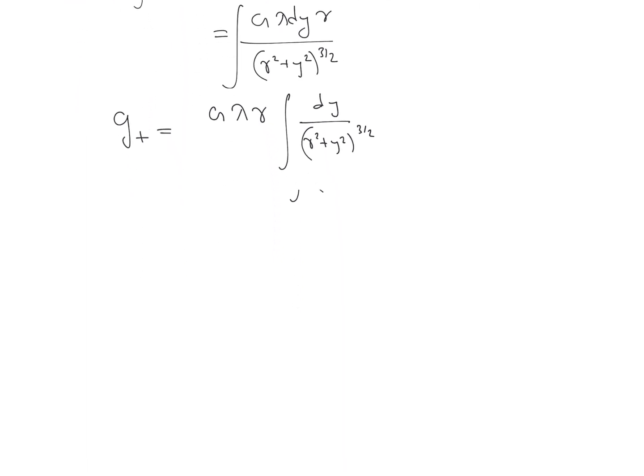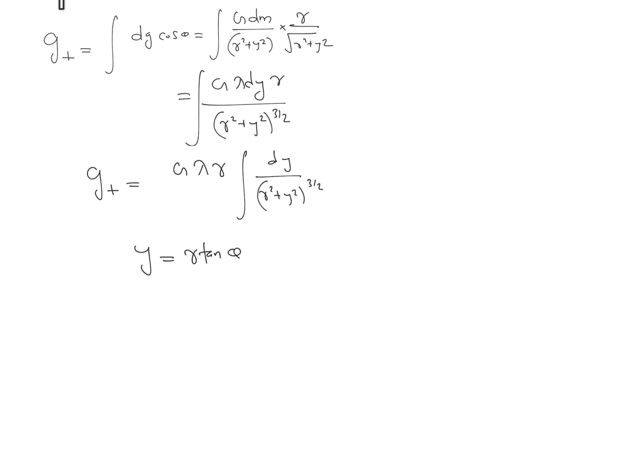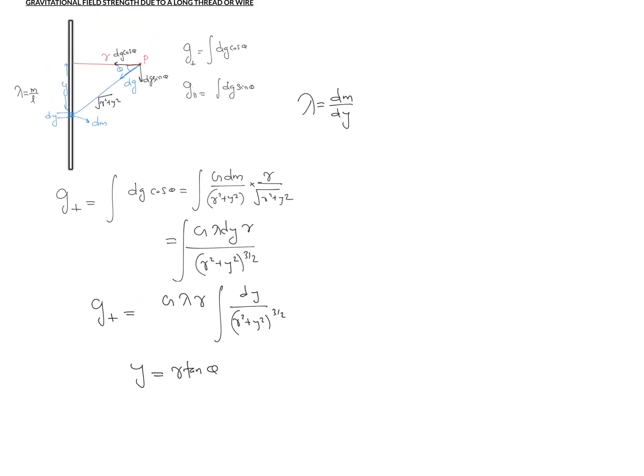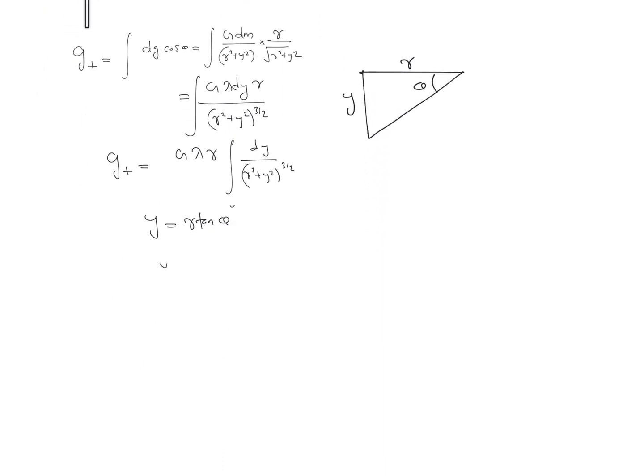For integration of a function like this, we take the integration by substitution. That means we take y equal to r tan theta. From this triangle we can observe that this distance is r, and this distance is y. So tan theta is equal to y divided by r, or y is equal to r tan theta.